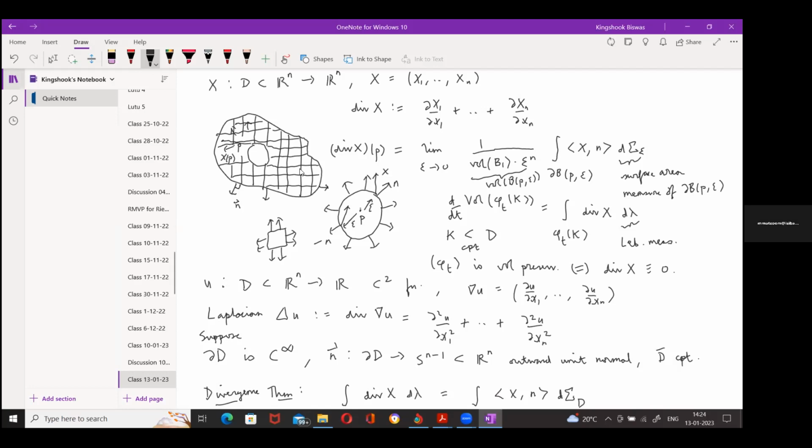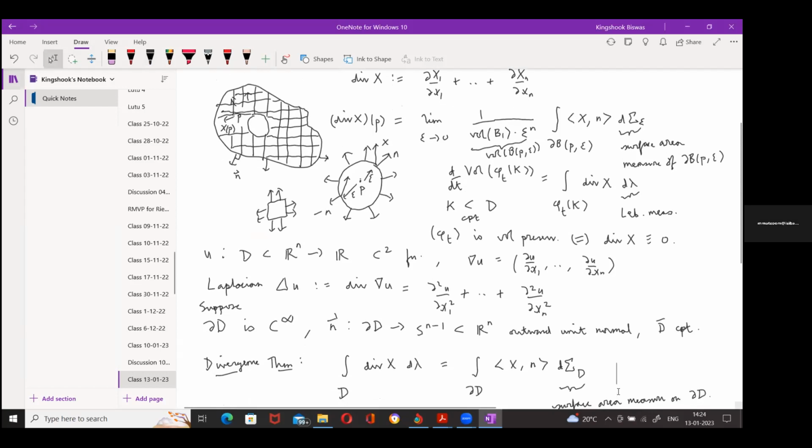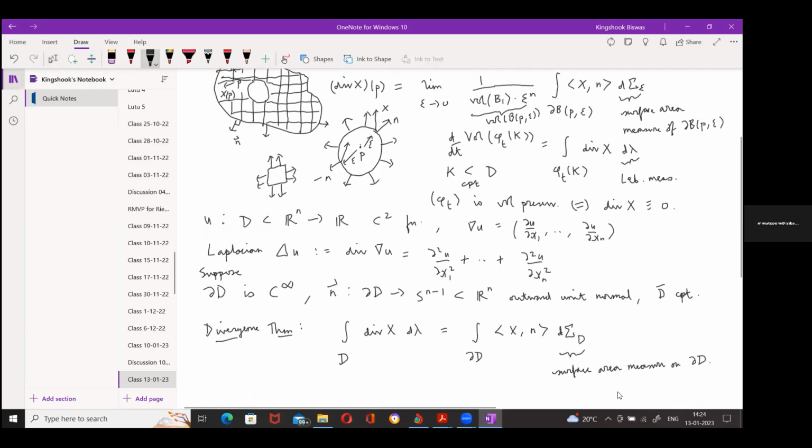And then how could you prove this divergence theorem? What you notice is that this integral over the boundary of the domain I can write as a sum of integrals over the boundaries of these cubes.